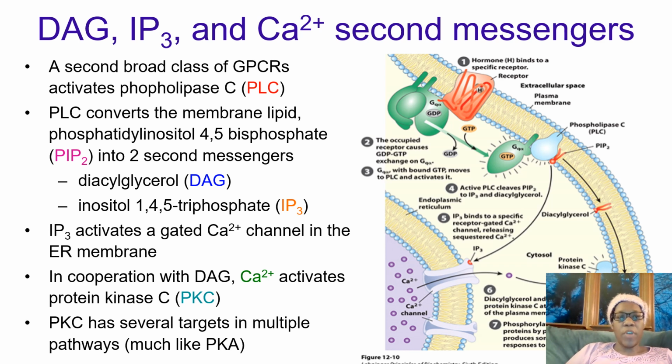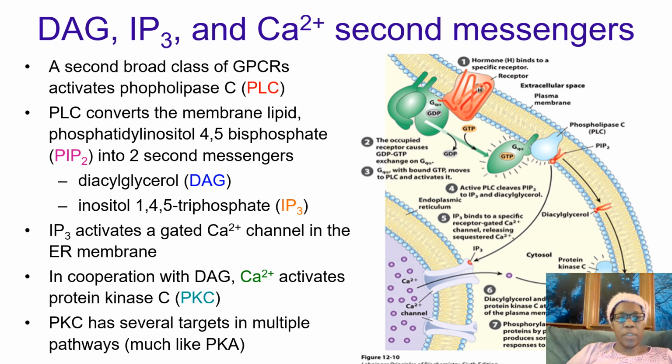So this is a very similar mechanism to what we saw before. It utilizes not a cAMP second messenger, but a group of second messengers that are created by activating phospholipase C. It's going to convert phosphatidylinositol 4,5-bisphosphate, just a phospholipid that has a sugar on it called inositol with two phosphate groups, into two second messengers. We'll call those DAG and IP3.